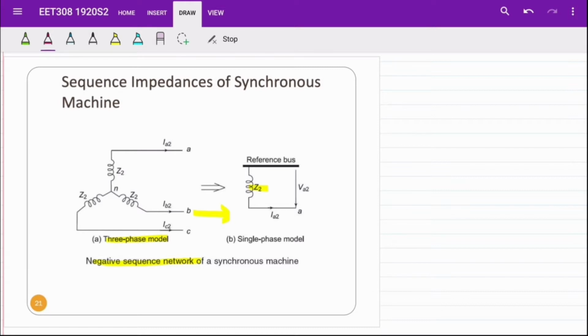Besides figure B, we can also draw the single-line diagram in other ways, like we drew the single-line diagram for the positive sequence network.